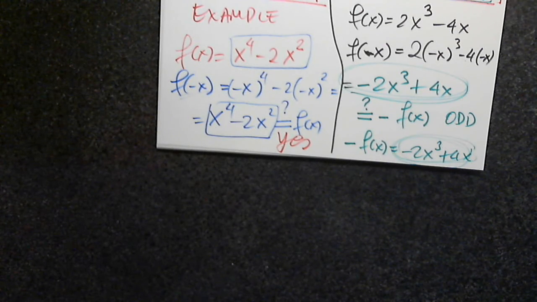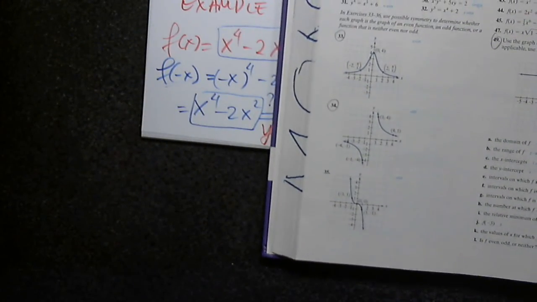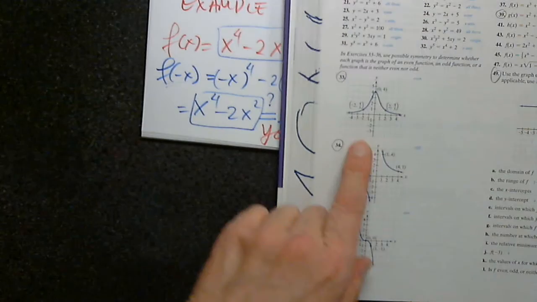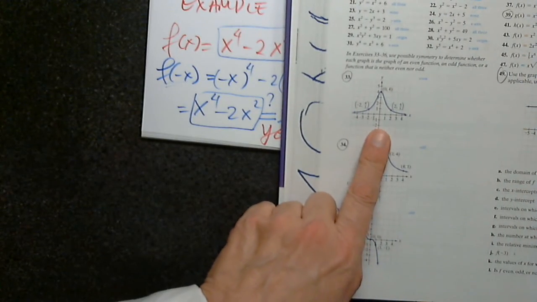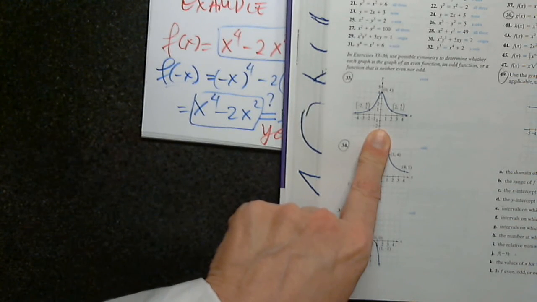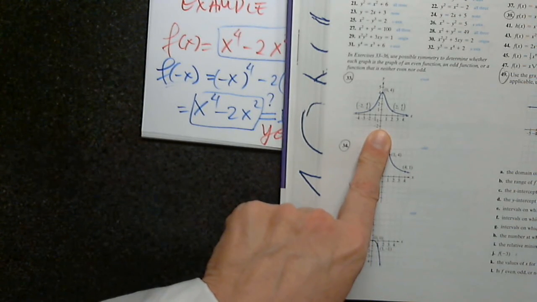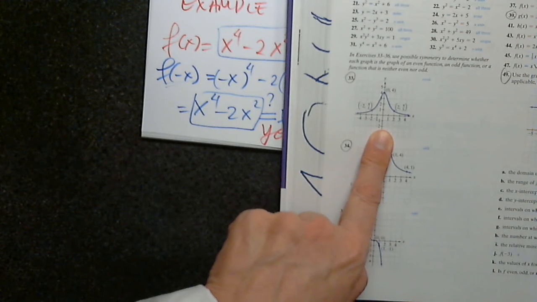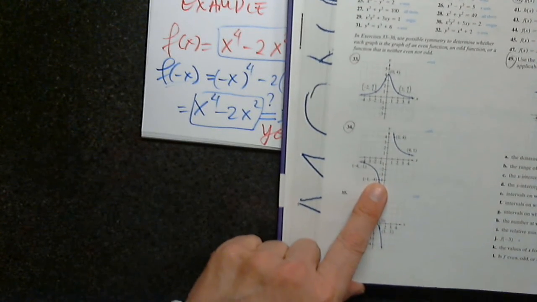Any questions on odd and even? So let me show you a couple of graphs. What about this graph? Is this graph symmetric with respect to the y-axis? So it's an even function. Is this graph symmetric?